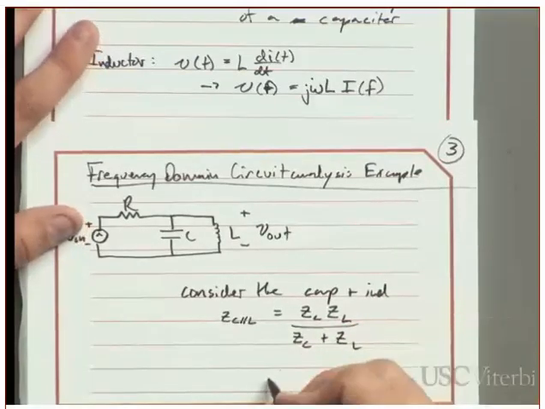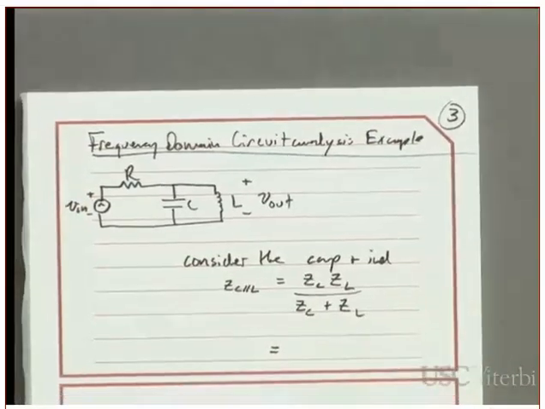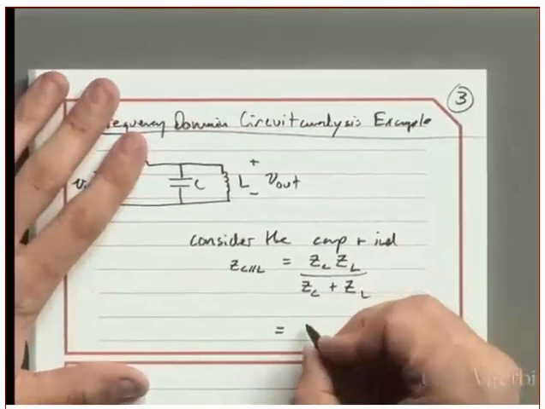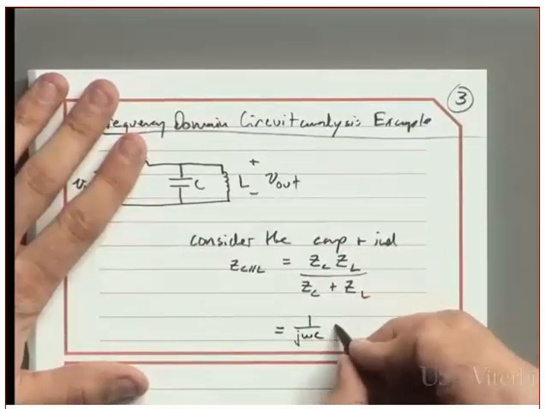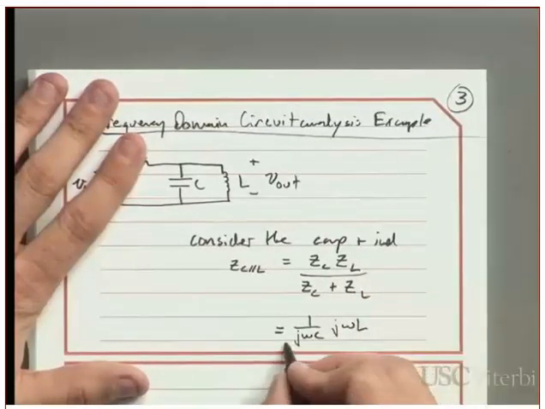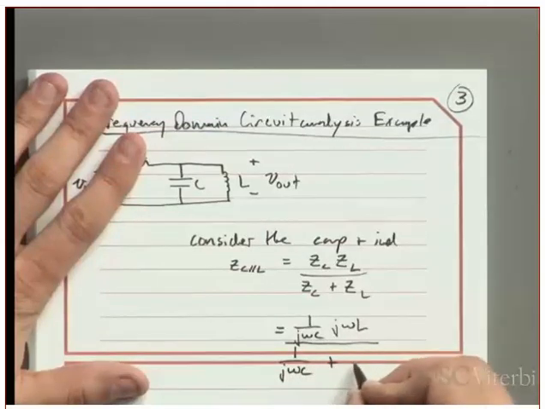And if I just substitute in the frequency domain values that I just reminded you of, it's going to look like this. So I'm going to have 1 over j omega C for the capacitor, j omega L for the inductor, and then the same thing on the bottom, so for the sum rather than the product.